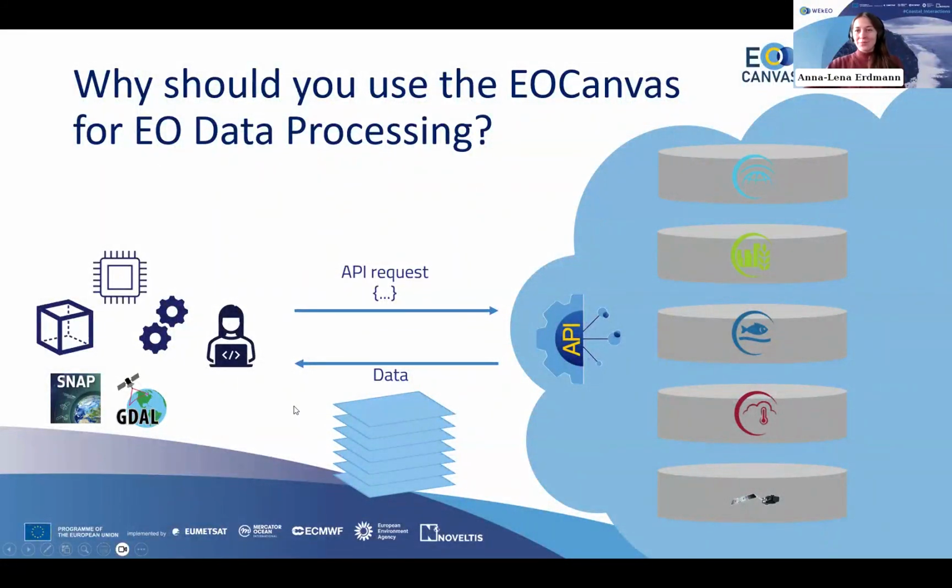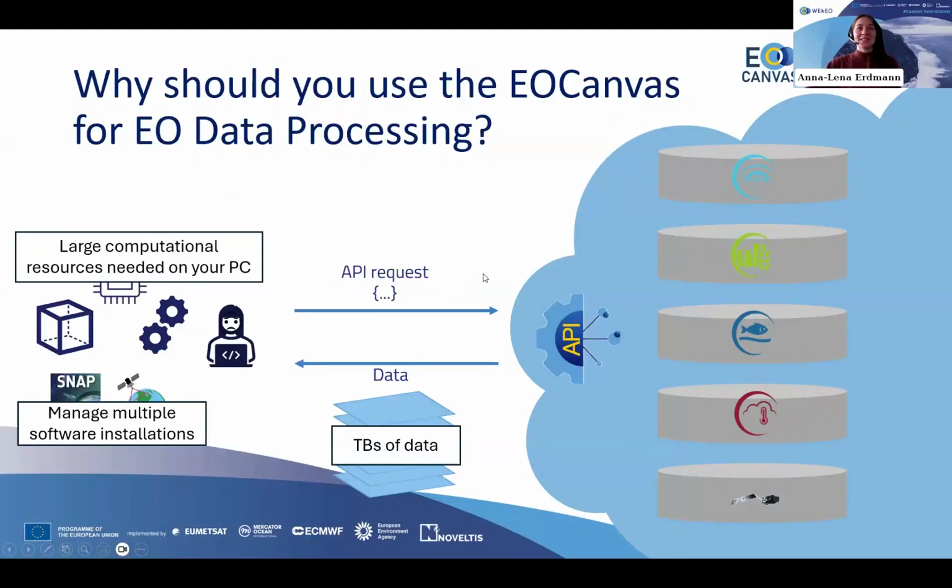Now that works pretty well with one or two satellite scenes, but it can get a bit messy when you want to process large volumes of data. What you get back might be terabytes of data. It is a high computational demand for your PC, and you have to manage multiple software installations.